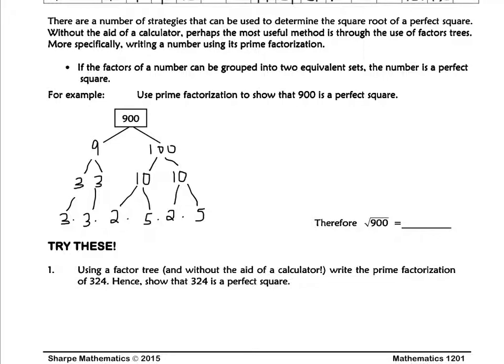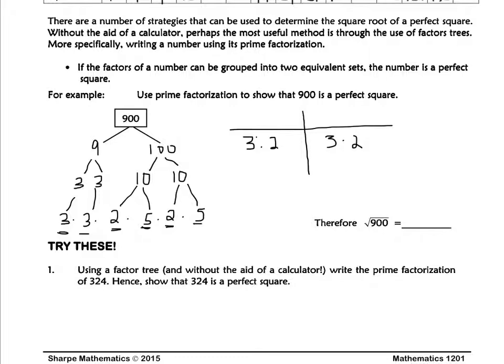To determine if it is a perfect square number, you basically group the prime factors into two even groups. We've got 2 3s here, so one of those 3s can go here and the other one can go there. We've got 2 2s, so one of them can go here and the other one on the other side.